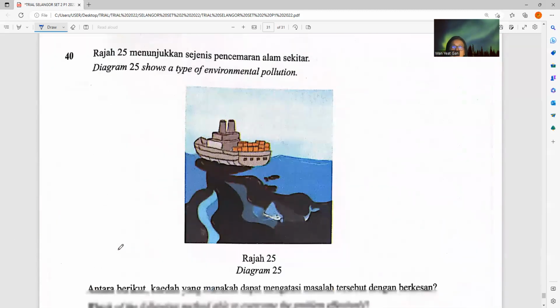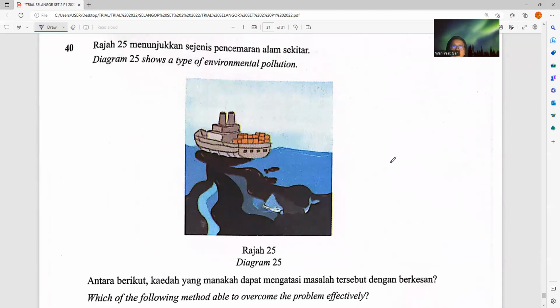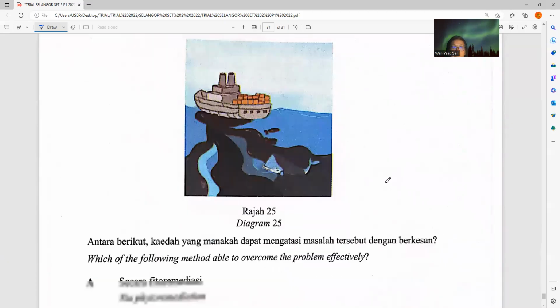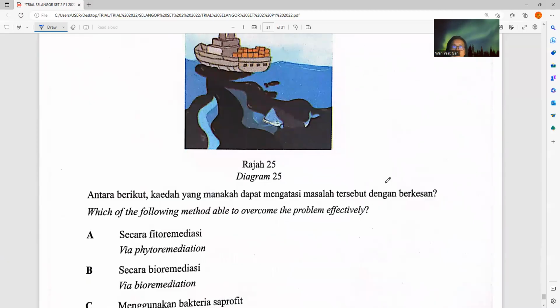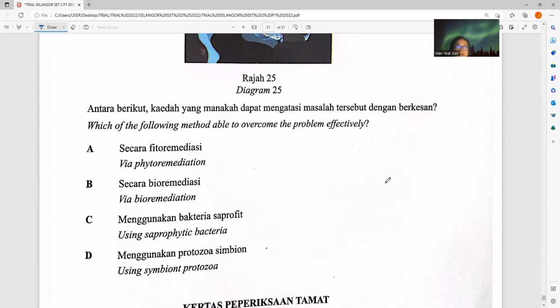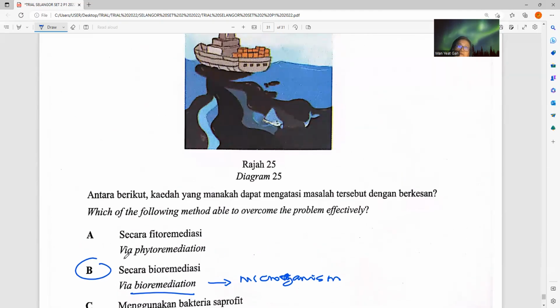Okay, the last question. Diagram 25 shows a type of environmental pollution. Which of the following methods is able to overcome the problem effectively? So the answer is bioremediation, in which you use microorganisms to degrade the hydrocarbon into simpler molecules that do not pollute the environment.